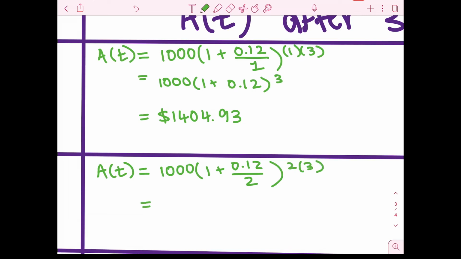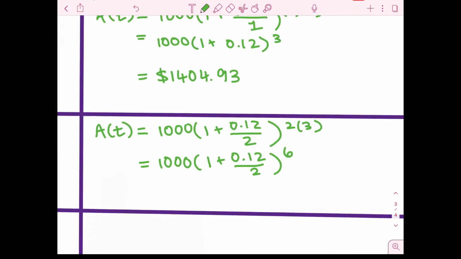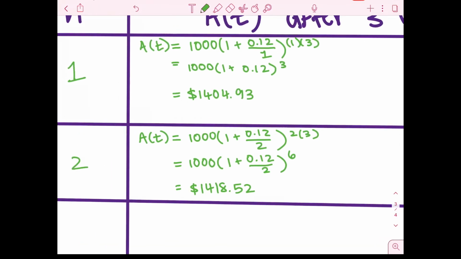I'm only going to simplify the exponent, 1,000 times 1 plus 0.12 divided by 2 to the power of 6, and you can plug all of this into a calculator, and if you do, you will get $1,418.52. Okay, perfect.